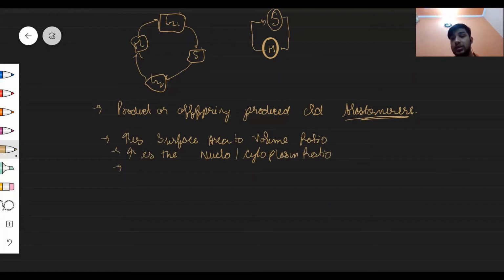Surface area to volume ratio increases, and what is the benefit of this? There is more control of genetic material over the cell.